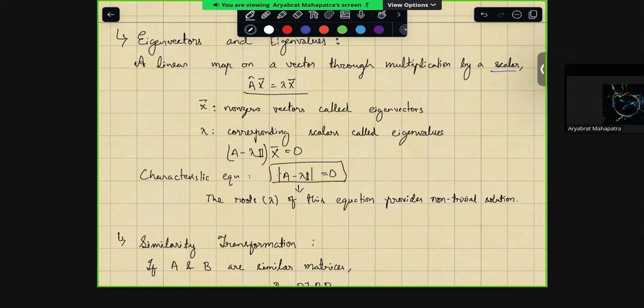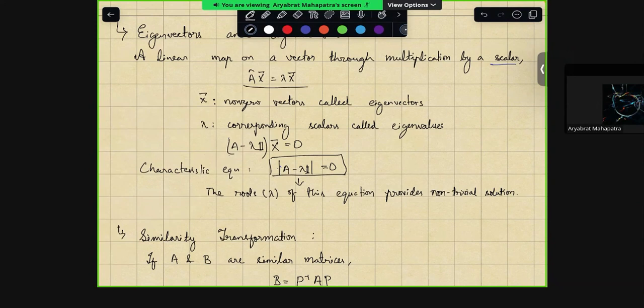The characteristic equation will come as some polynomial expression, if you consider lambda as the variable, something like lambda to the n minus 1 equals 0. Solving this equation for the roots of lambda, those roots will basically be your non-trivial solutions.